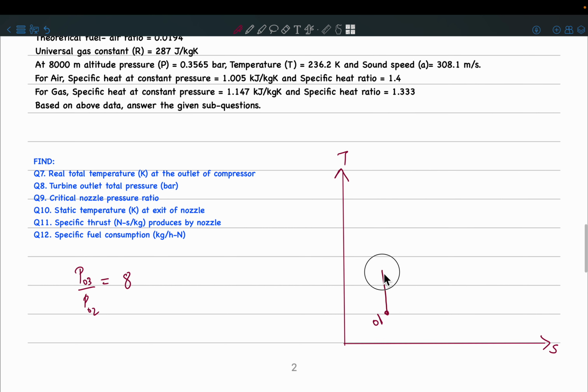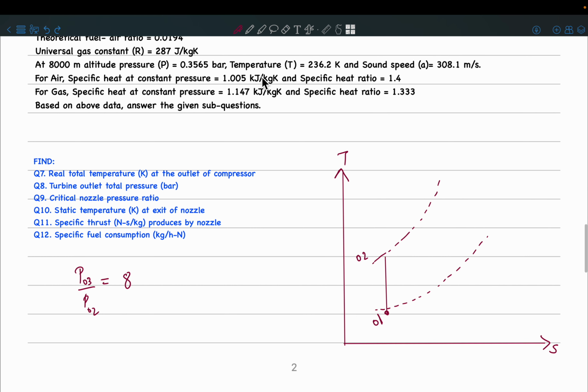From there, across the compressor there will be an increase in temperature and an increase in pressure. Let us say this is the pressure line, the isobaric line. Then in the combustion chamber the pressure is supposed to remain the same, but it will reduce slightly.